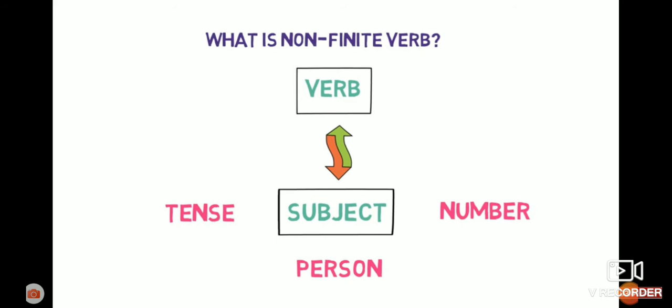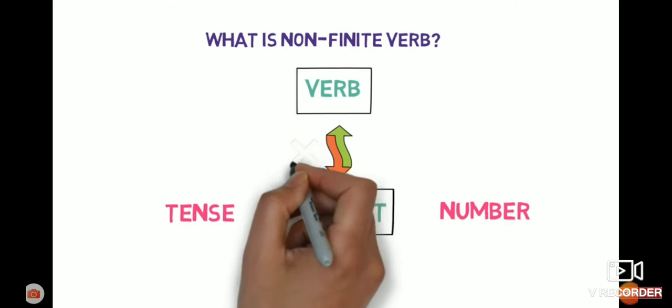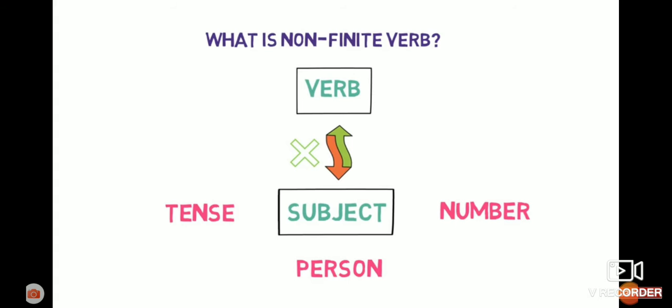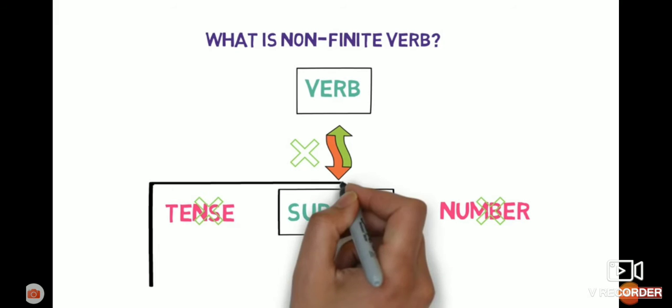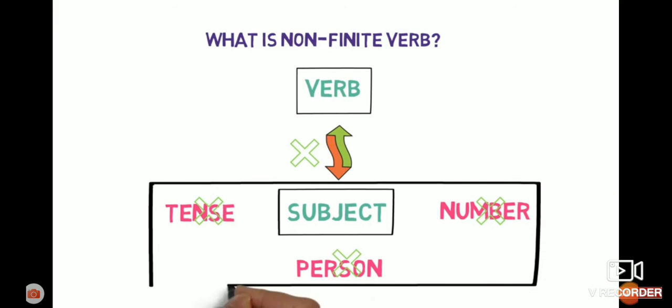So what is a non-finite verb? Non-finite verbs don't have any agreement with the subject. That is, they are not limited as per the change in the subject. They don't change as per the tense or as per the person or as per the number of the subject in the sentence.